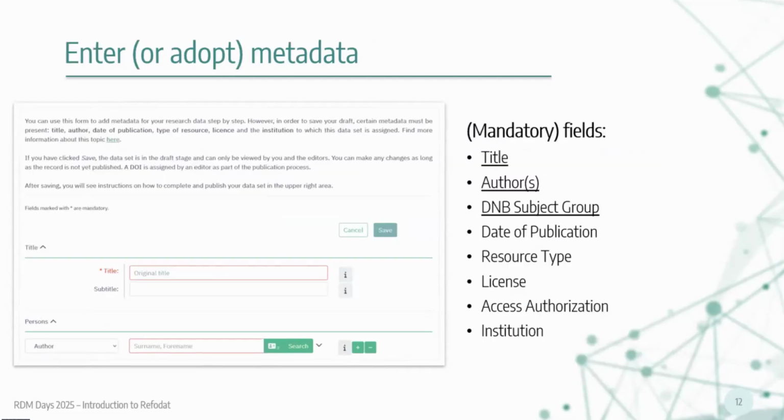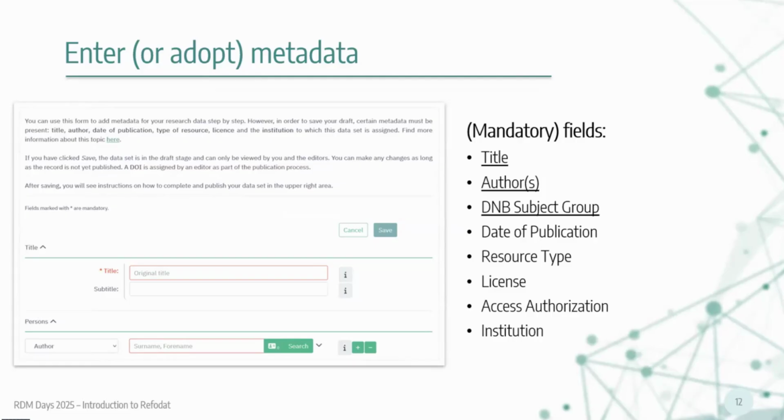Then in the next step, you will enter or adopt the metadata that you already have or enter completely new ones. We have a number of mandatory fields in the metadata entry mask, which will be shown by these red boxes right here.